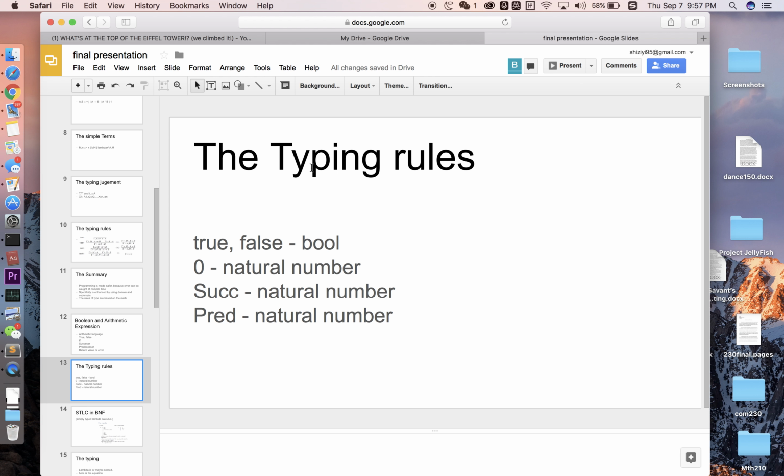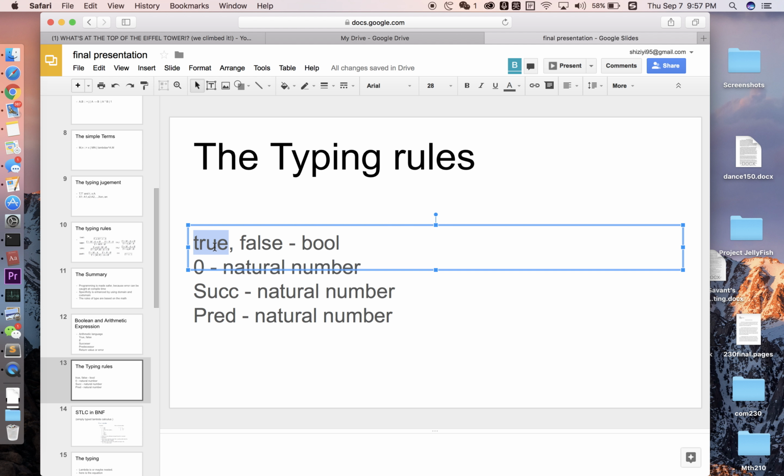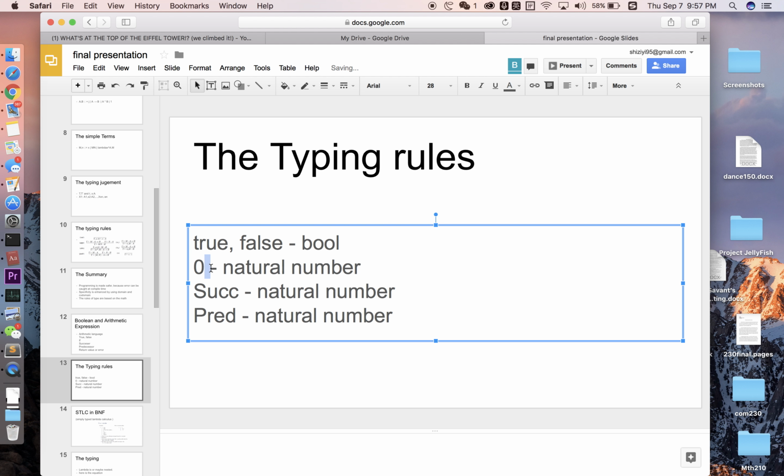The typing rules: true and false are in the Boolean format, and 0 is a natural number. A successor is also a natural number, and the predecessor is also a natural number in the Boolean arithmetic expression.